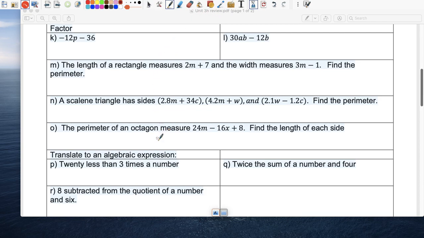All right, an octagon. A closed figure that has 8 sides. It measures 24m and 60. So can I draw an octagon? 1, 2, let me try. 1, 2, 3, 4, 5, 6, that's not 8.